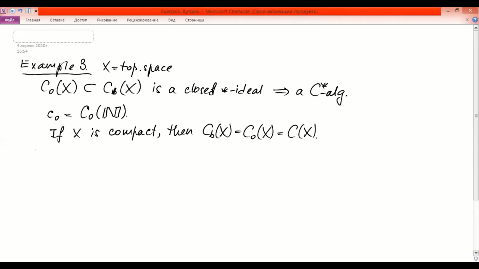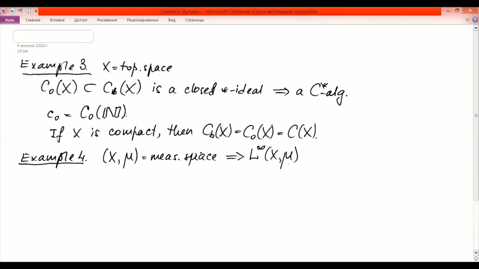Well, example 4. If we have a measure space, X with measure mu, then it's easy to see that the algebra big L infinity of X of essentially bounded measurable functions, actually equivalence classes of essentially bounded measurable functions, is a C-star algebra.